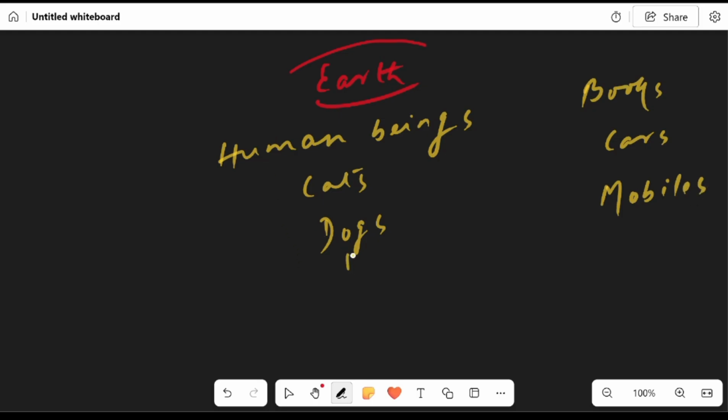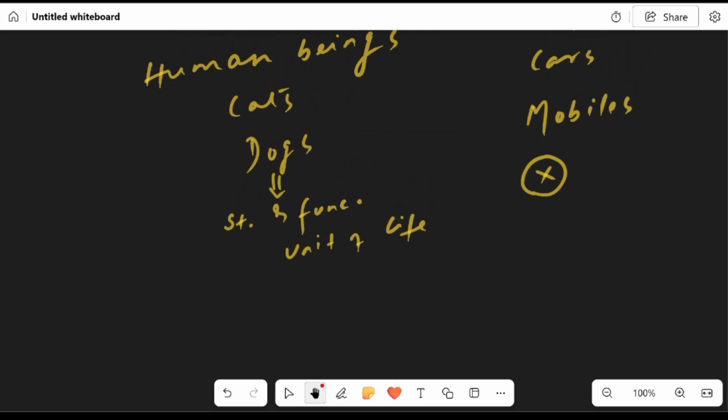So these are termed as living beings as they possess the structural and functional unit of life, while the non-living ones don't possess these things. So now tell me, what is the structural and functional unit of life? Naturally, you know the answer. That's cell for you. So today we are going to discuss cell and its various aspects.